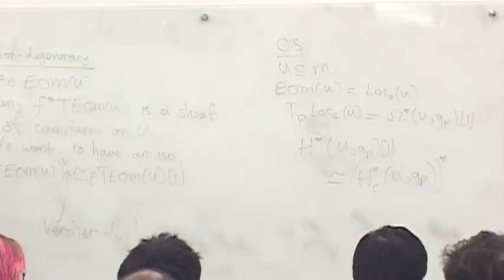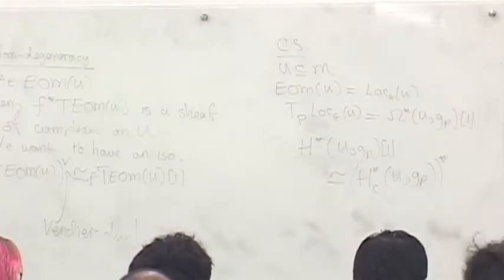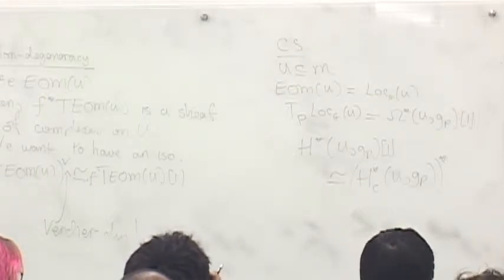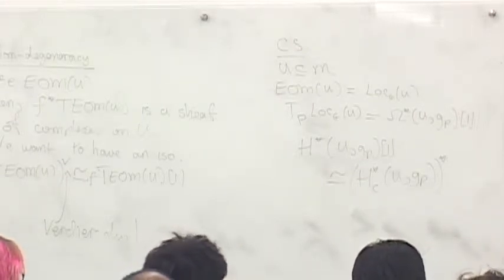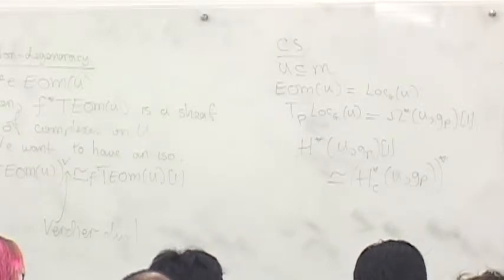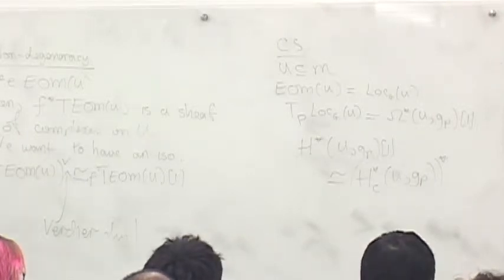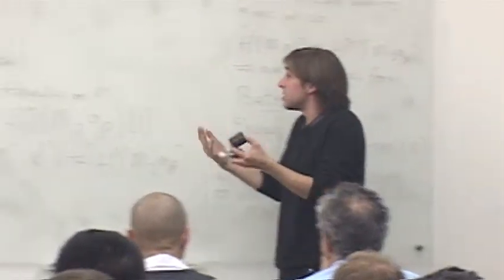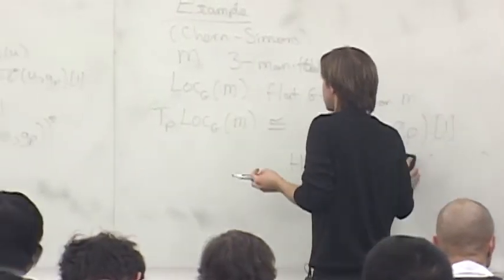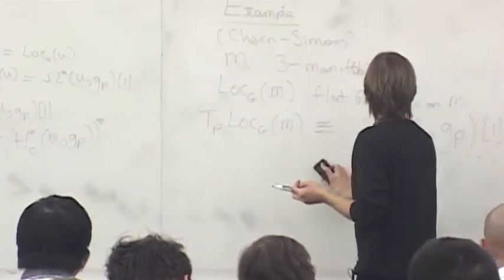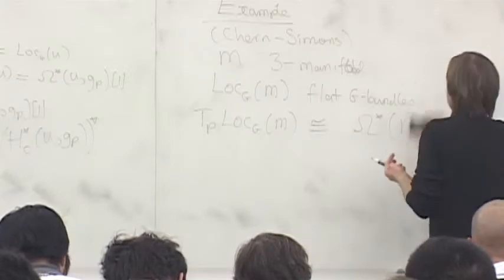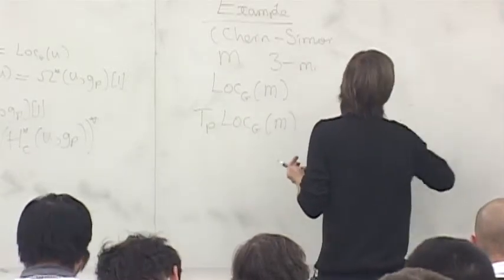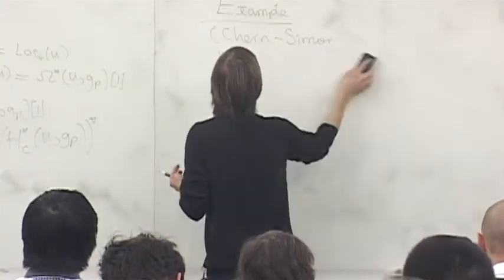OK. So for the purposes of this talk, the reason I'm introducing this concept and this notation is that I never want to write down an action functional. I want to give you some manifold and say, because of the geometric structures in this manifold, I get a classical field theory.